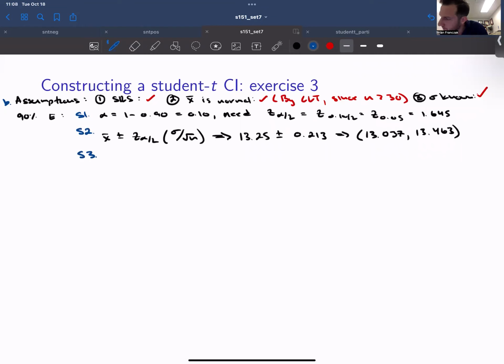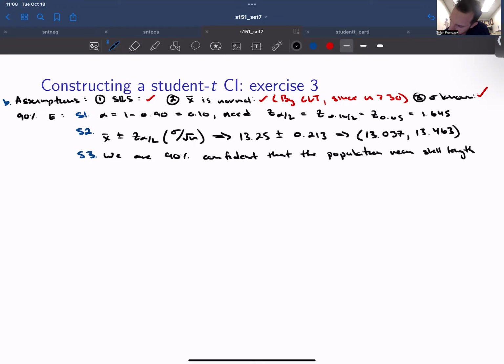And then on the third step, we would just say we are 90% confident that the population mean shell length is between 13.037 and 13.463 millimeters.